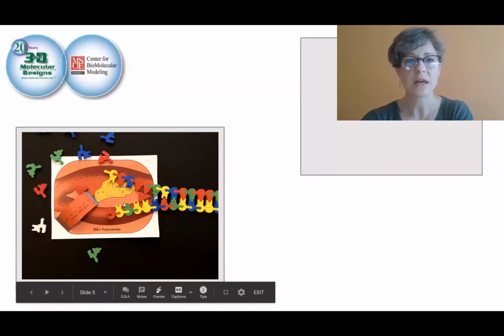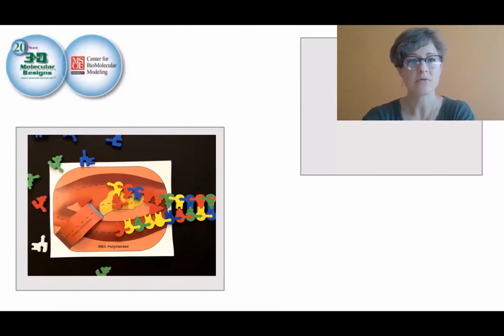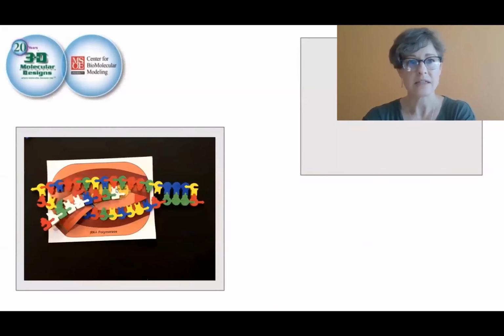And because we have this active site on the template, it guides students to make sure they remember the anti-parallel nature of these nucleotides. So they're going to place an RNA nucleotide that is complementary opposite of the base. And we're going to continue to advance this.